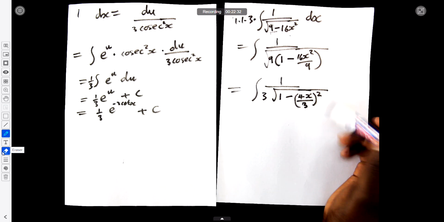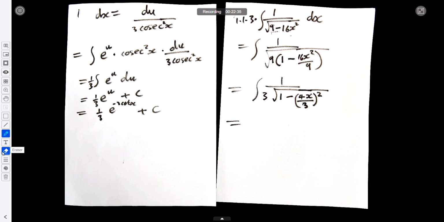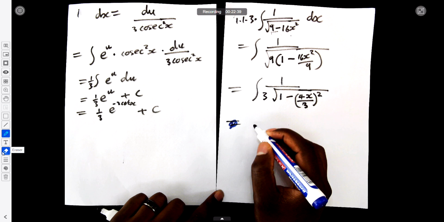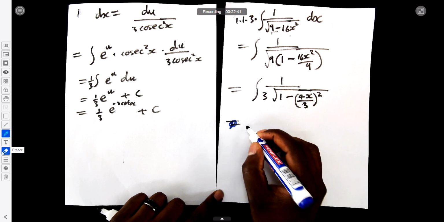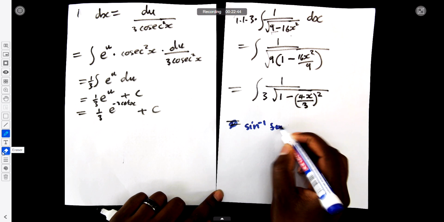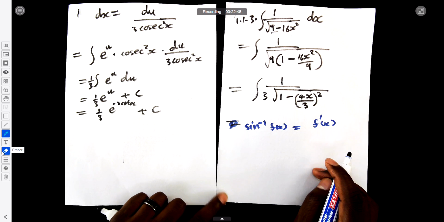Now, according to the formula sheet, it states that, in fact, let me put it down. So, the derivative of arcsin, I'm just doing this. It was supposed to be f prime of x, isn't it?